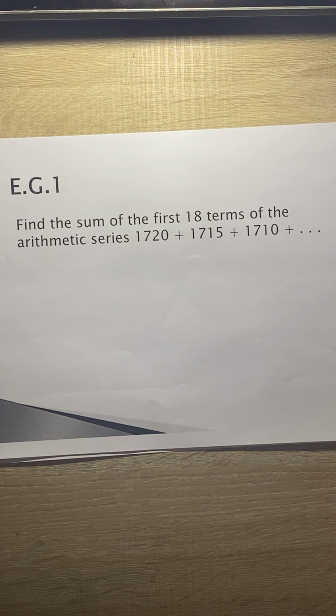So example 1, find the sum of the first 18 terms of the arithmetic series 1720 plus 1715 plus 1710. Okay, so I'm just going to do it on the paper here.